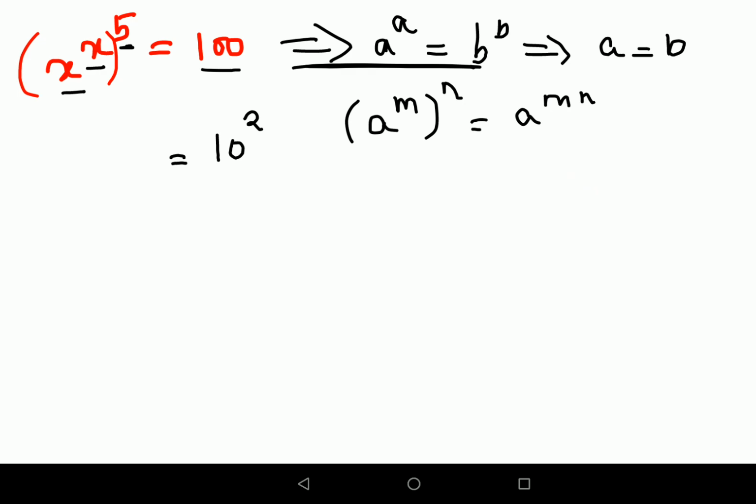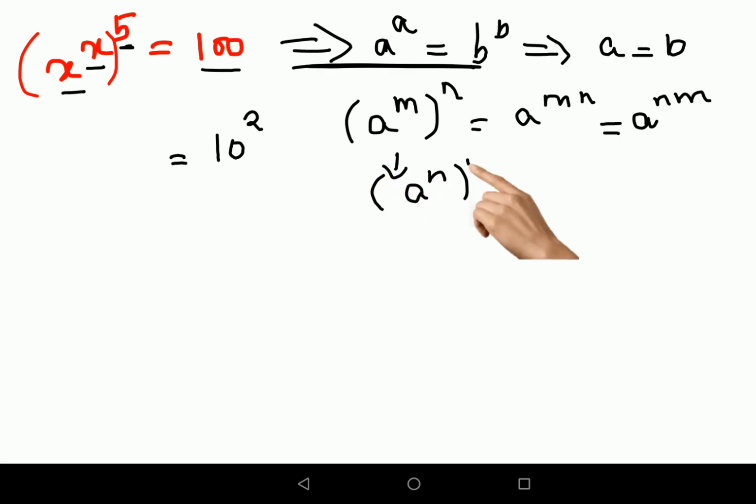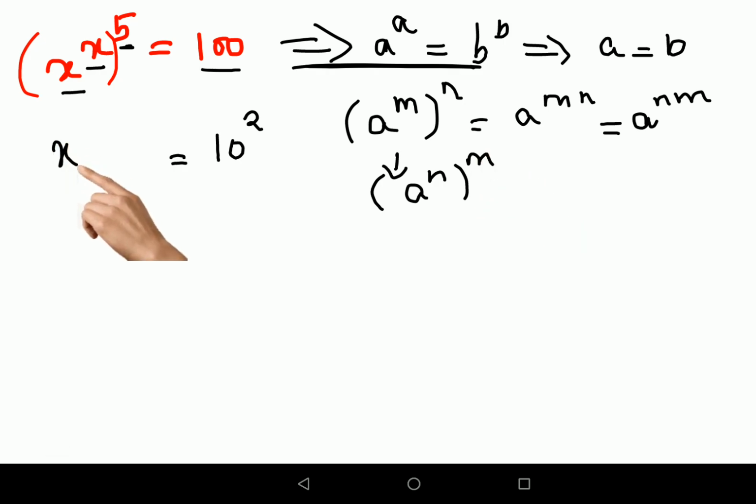And we all know that multiplication is commutative, which means you can write it as a raised to n into m as well. So this can also be represented as a raised to n the whole raised to m. So here I can shift this 5 inside and put the x on the outside.